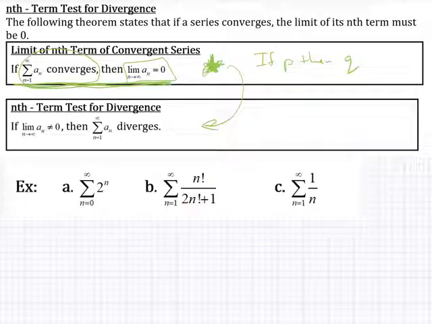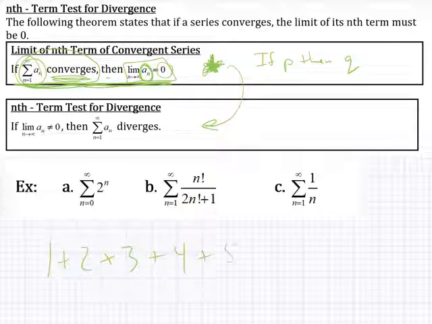If this particular series converges, then the terms of the series, which a sub n represents, have to be going to 0. They have to be getting smaller and smaller and smaller. If you add a series, say 1 plus 2 plus 3 plus 4 plus 5, those terms are not getting individually smaller, right? So your first instinct is, as I keep adding, what's going to happen to the sum? It's going to keep getting bigger and bigger and bigger.